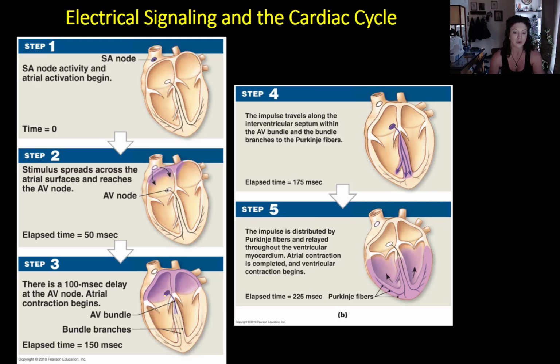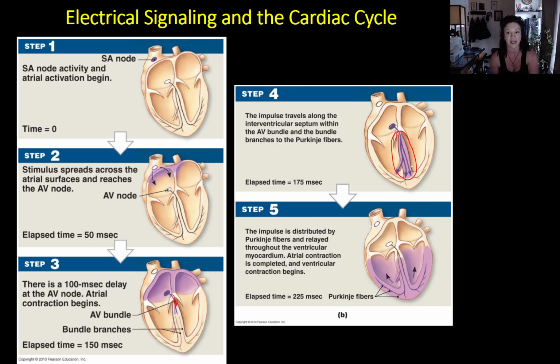Okay. The atrioventricular node is then going to pass that impulse it received onto the AV bundle. The impulse is going to then travel through the atrioventricular bundle, which is located inside the septum that separates the ventricles from each other. Okay, so the interventricular septum, remember that's that muscular wall that separates the ventricles.